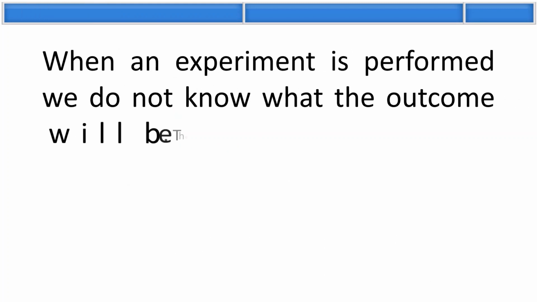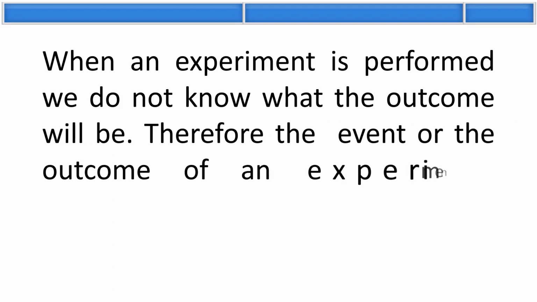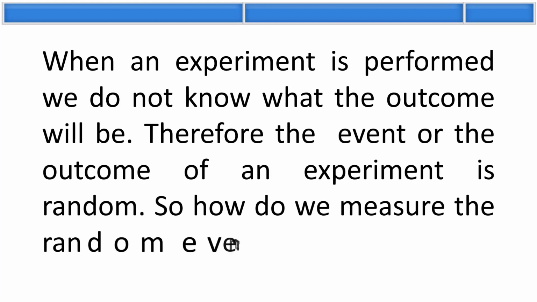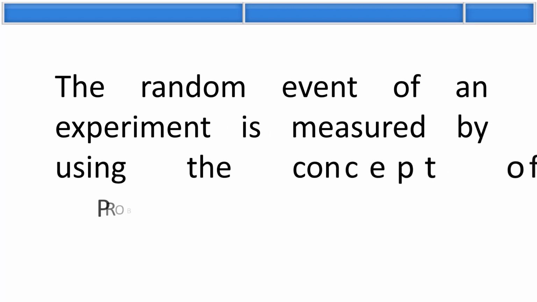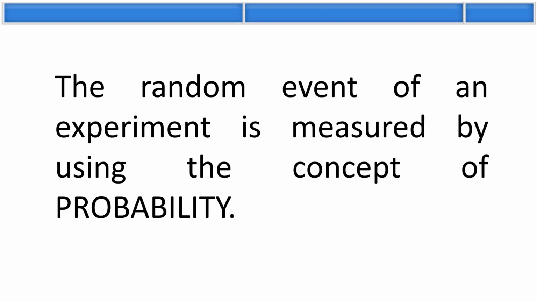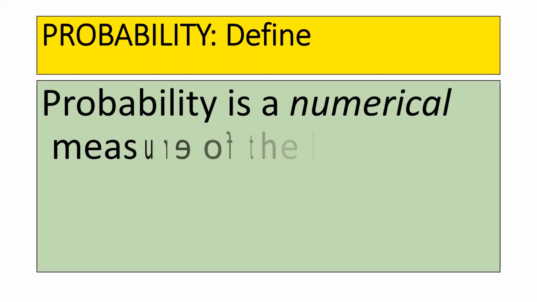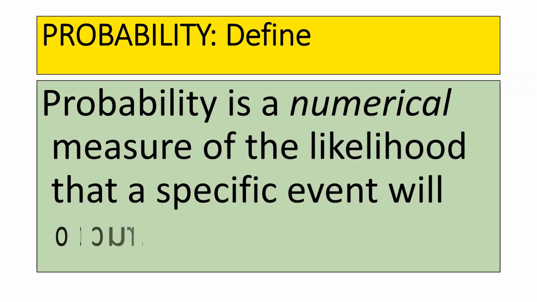When an experiment is performed, we do not know what the outcome will be. Therefore, the outcome of an experiment is random. So how do we measure the random event? The random event of an experiment is measured by using the concept of probability. By definition, probability is a numerical measure of the likelihood that a specific event will occur.